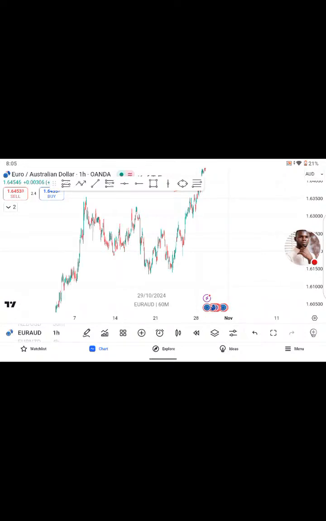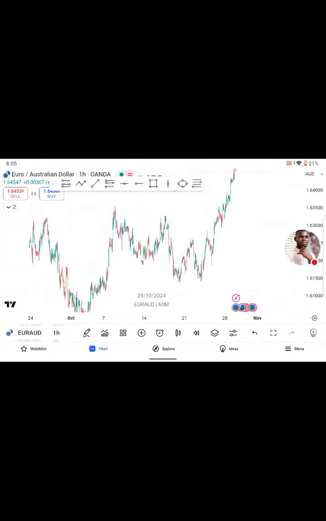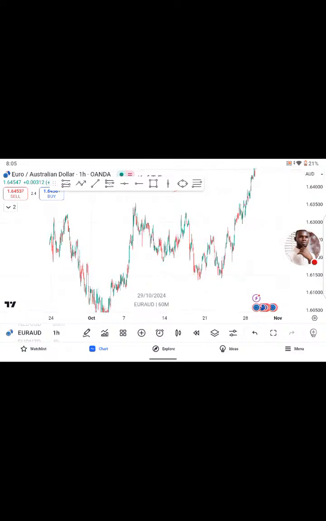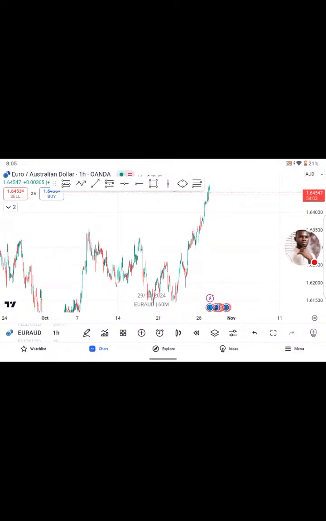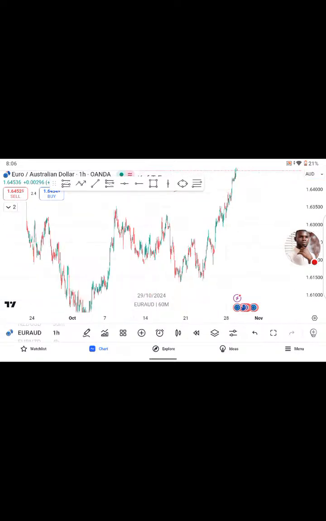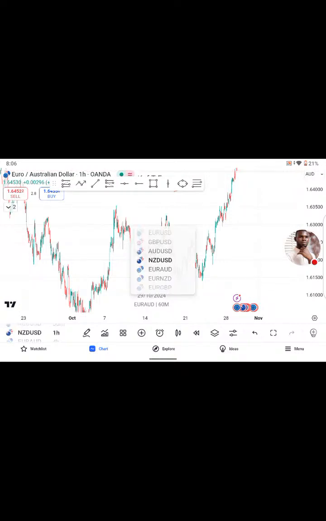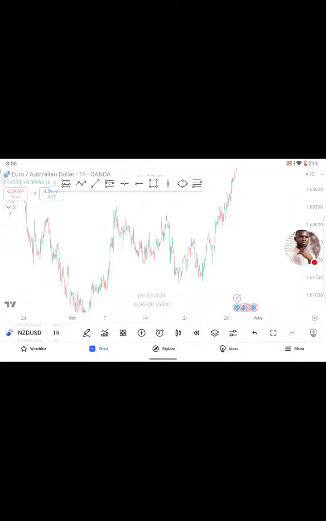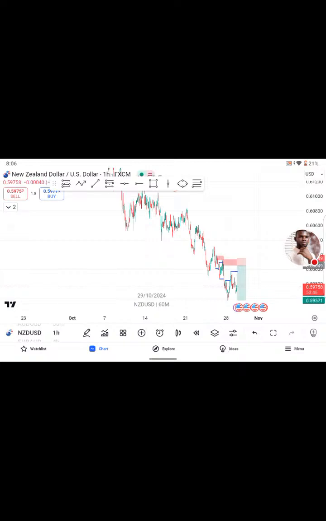What's wrong with TradingView? There are some analyses I've done on this pair. I don't know why they are not showing now. Even the NZD USD I just analyzed again, it will be two analyses. The moment what I have done before shows up.